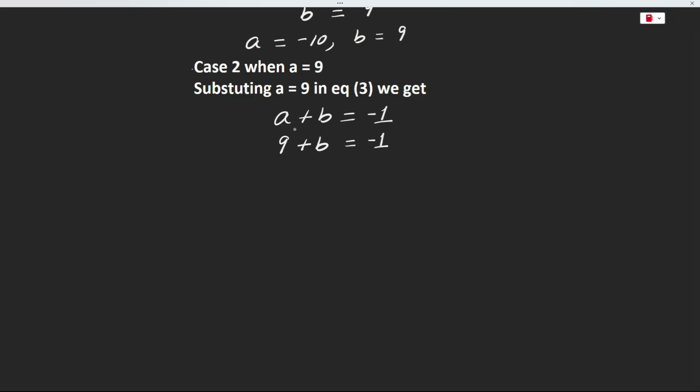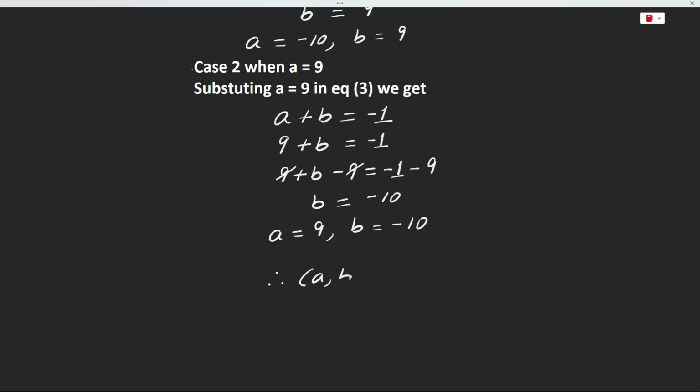Now subtracting 9 on both sides we can write this as 9 plus b minus 9 equals minus 1 minus 9. Here and here 9 will be subtracted by 9. This equals b equals minus 1 minus 9, which is minus 10. Therefore when a equals 9, b equals minus 10.